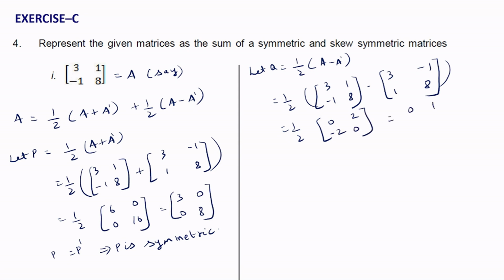So this is [0, 1; -1, 0]. Now the transpose of this, Q transpose, is [0, -1; 1, 0], which is equal to minus Q, which implies Q is skew symmetric.